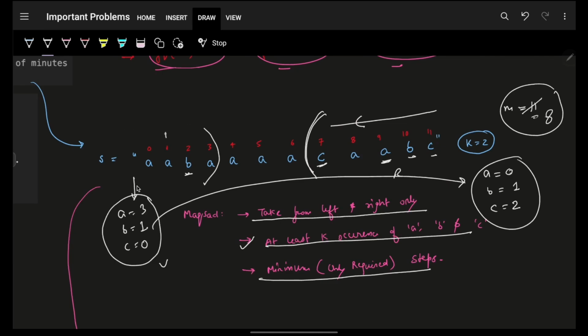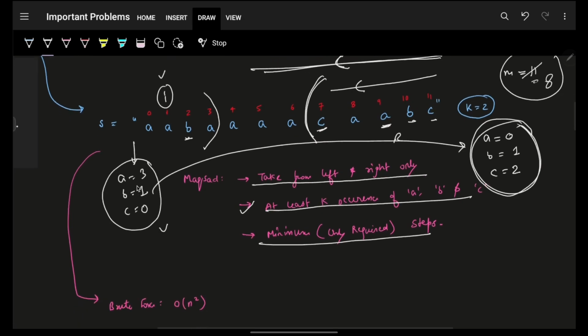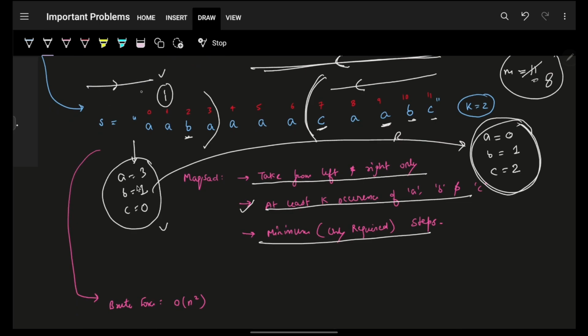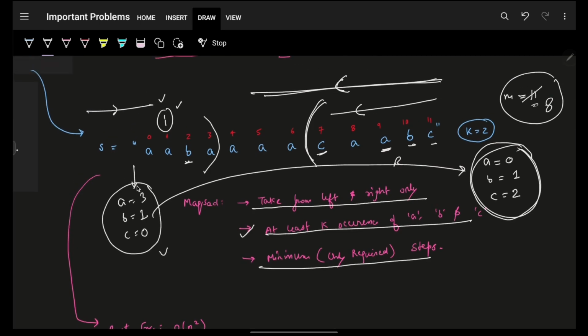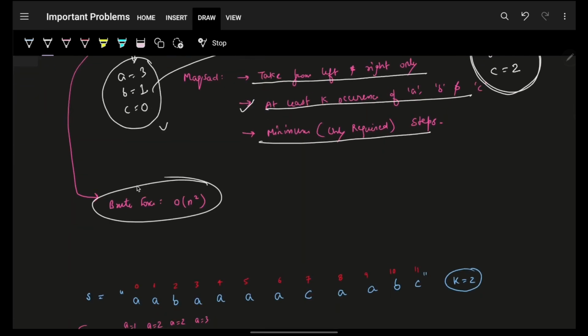On every index of left side, I will start iterating on the right side to know what is that point which will satisfy the condition. Every index on the left side, I will iterate on the right side entirely. So it will be O of, I have n left points. For every left point, I have to go to the entire right side from the very last. Thus, O of n square will be the complexity.